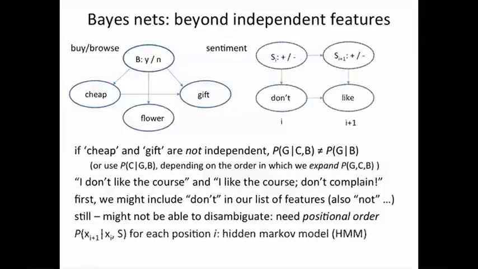So the graphical model which might help us here is that we have the class variable, which is a sentiment, having observed i elements of the comment, and the class variable, which is sentiment after observing i plus 1 variables or words in the comment.